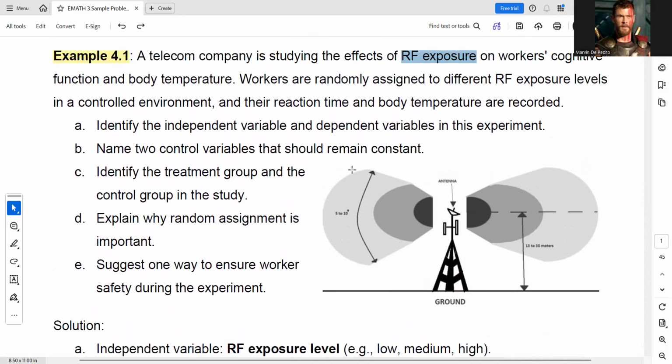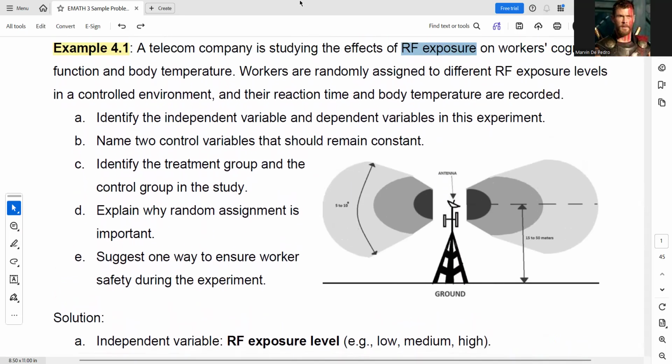When we say the effects, meaning RF is affecting something. So the one that affects is RF, meaning the one that causes the dependent variable to change is the independent variable. So the RF exposure, whether low, medium, or high, for example.